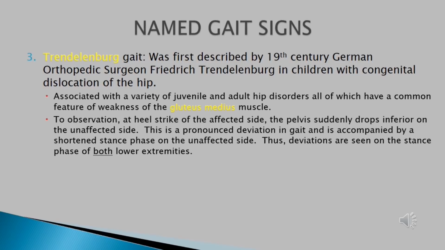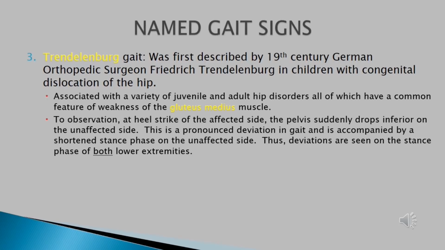And I have two examples of Trendelenburg gait coming up for you. One is my own interpretation or my own imitation of Trendelenburg gait. And then also I have a live examinee who beautifully demonstrates the Trendelenburg gait due to congenital hip dysplasia.